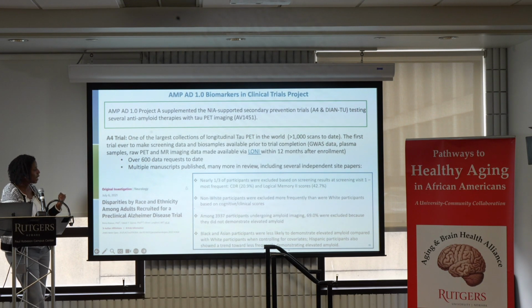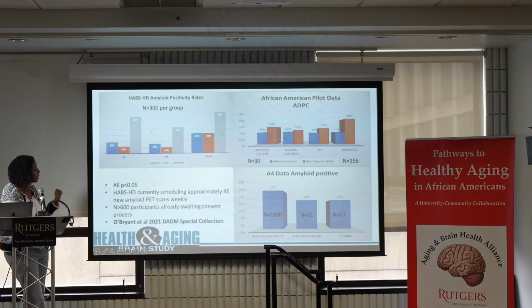So what they found, and what is supported by other studies, is that the amyloid positivity in African Americans and Mexican Americans or Hispanic populations is much lower in those populations compared to non-Hispanic whites. And so it just really emphasizes the importance of including diverse populations in clinical trials.